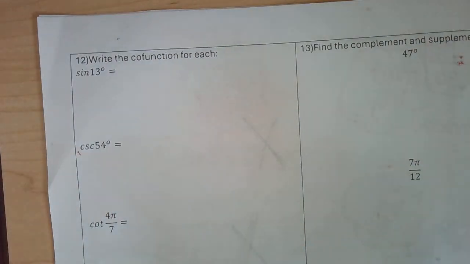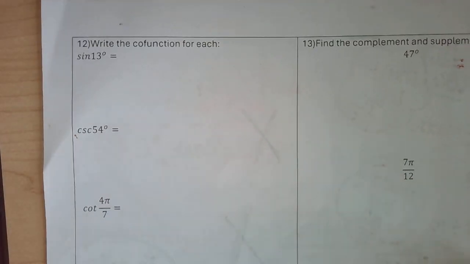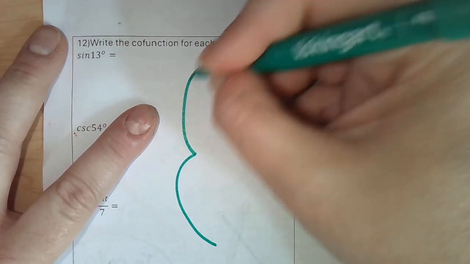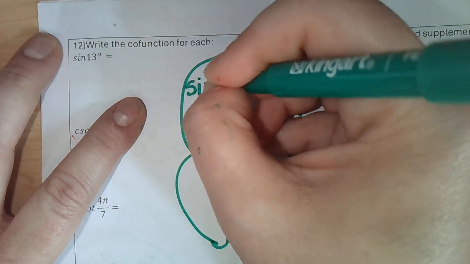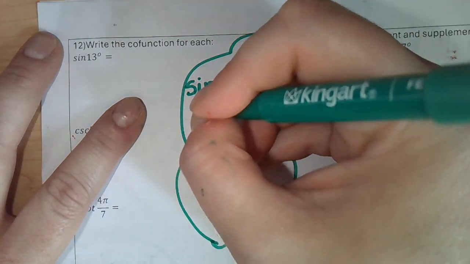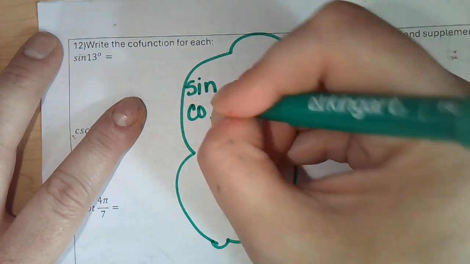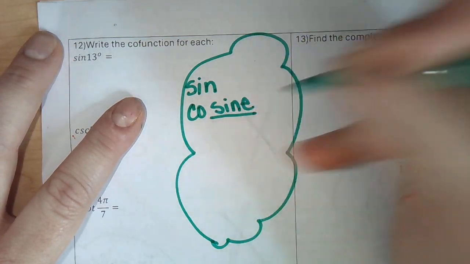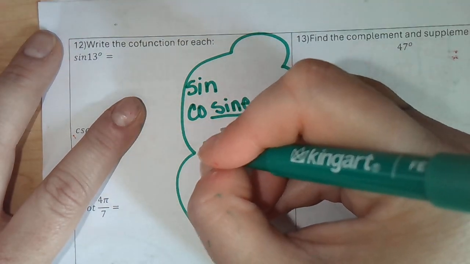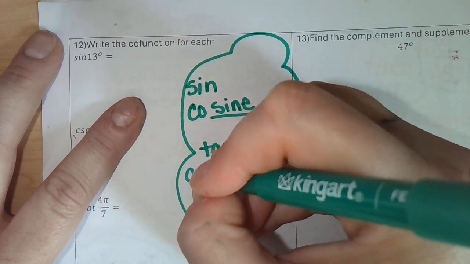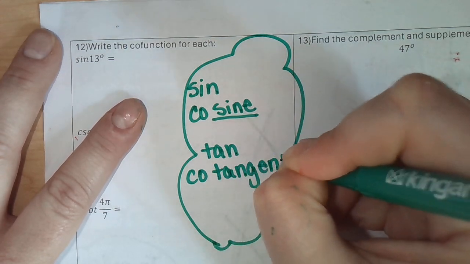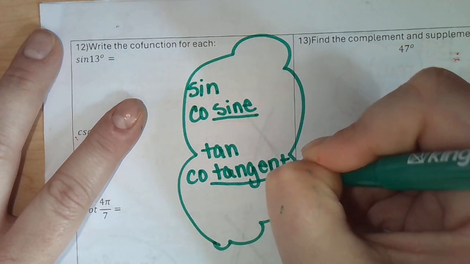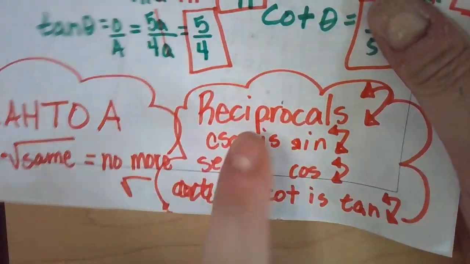Yes, we did cofunctions. Okay, cofunctions. Let's list them out. Sine, the cofunction of sine is cosine. Tangent, the cofunction is cotangent. So we are not doing these reciprocals.